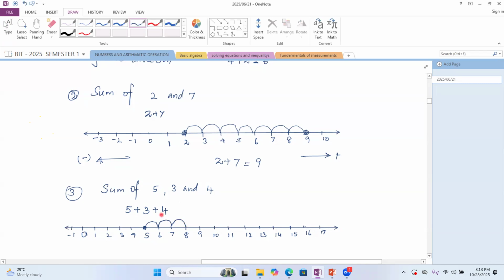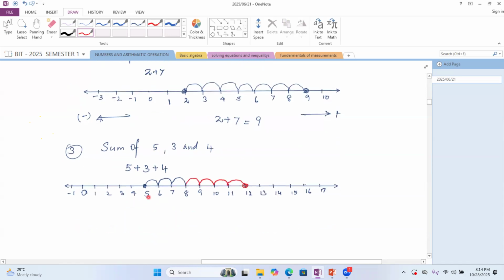Then again, we move 4 units in the positive direction: 1, 2, 3, 4. Then we get the result 12.